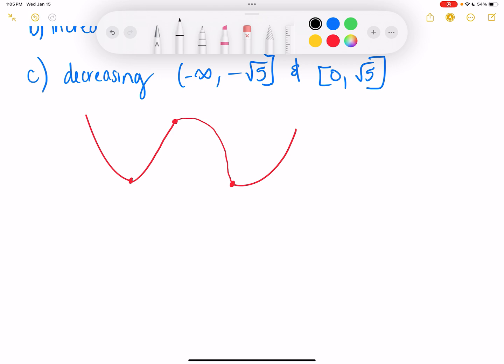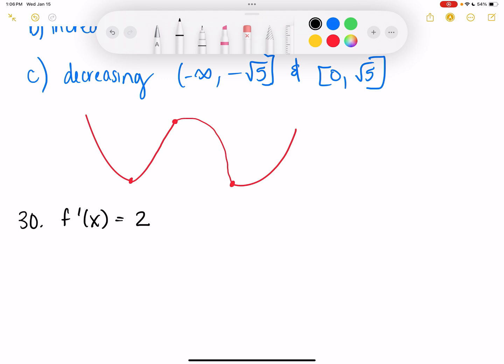All right. Find all possible functions f with the given derivative. So we're finding the antiderivative. They tell us that f prime of x is equal to 2. I want to work backwards.